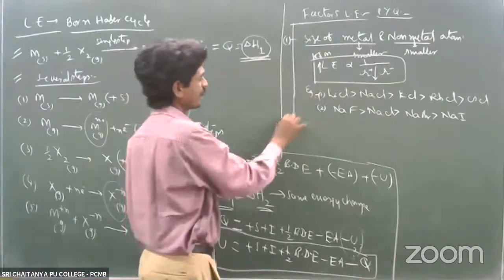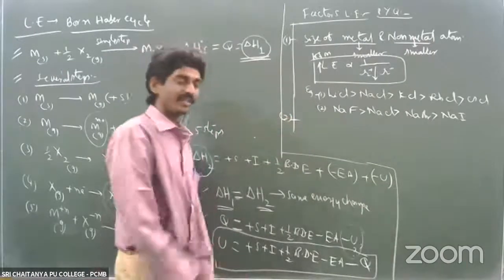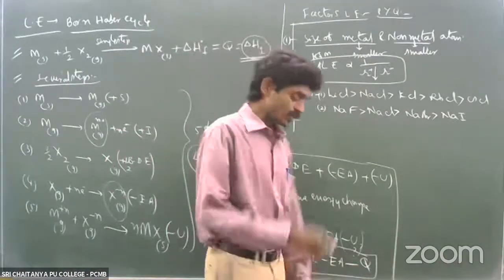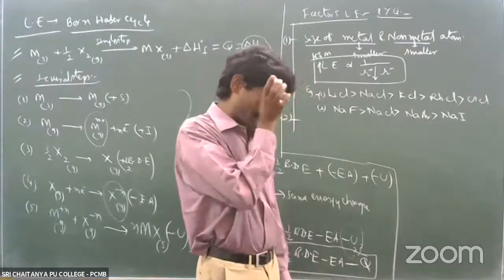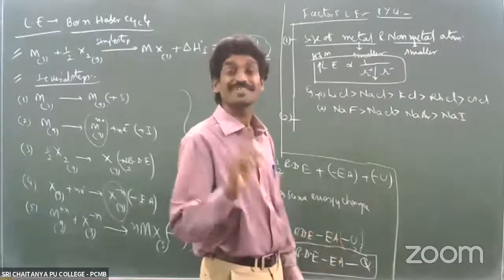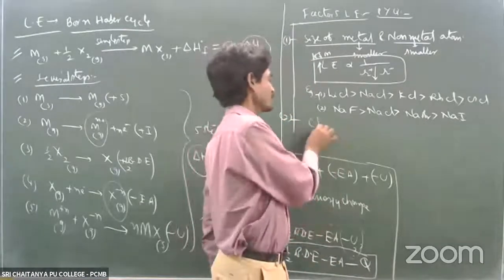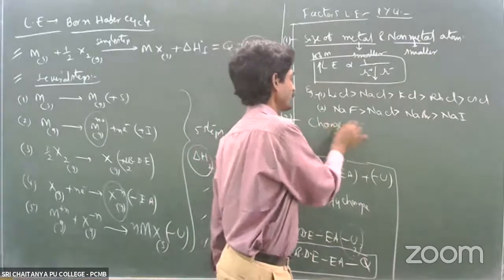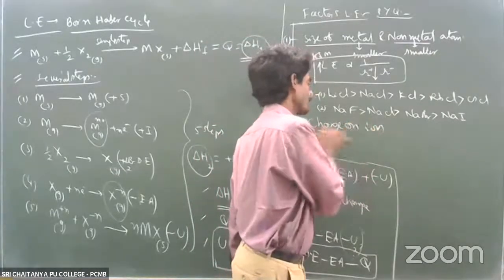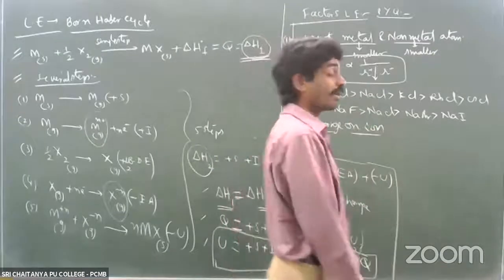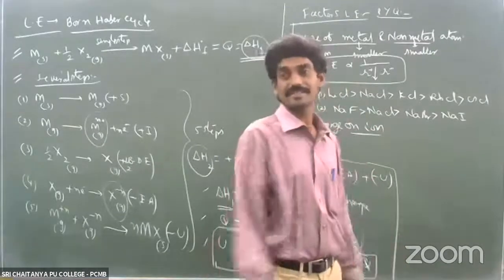Next, another very important factor: lattice energy is also influenced by the charge on the ion. The more the charge on the ion, the more lattice energy is released.